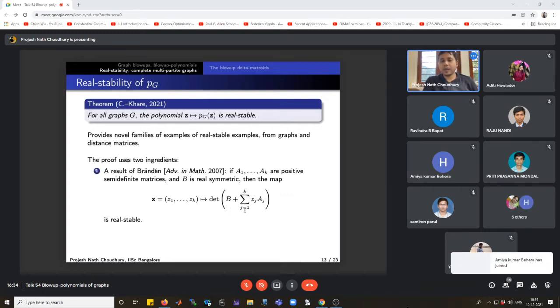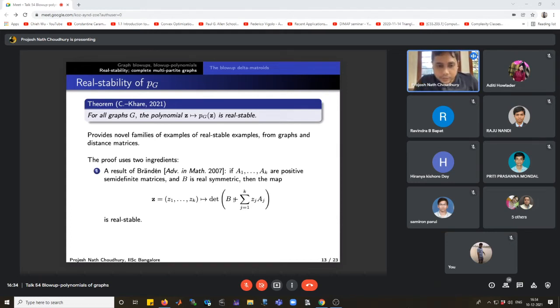In other words, take the linear combination of the positive semi-definite matrices with the variables as coefficients, add the matrix B to it and take the determinant, then this function is real stable.